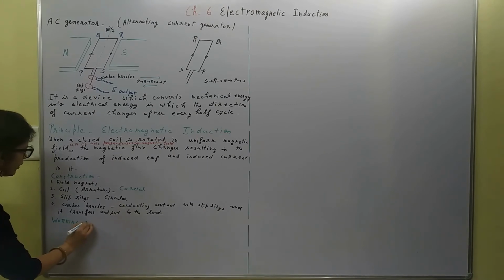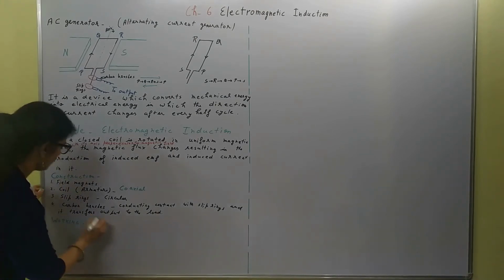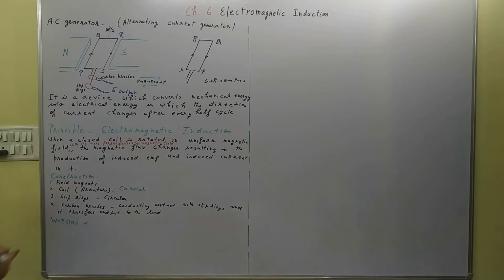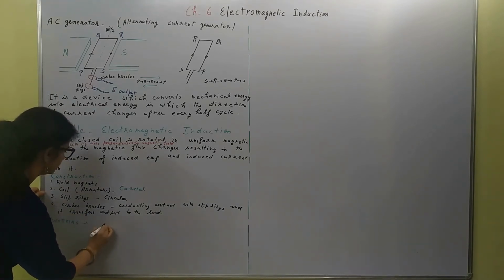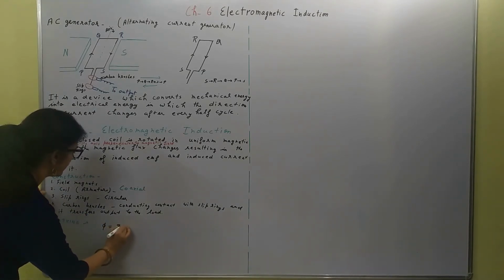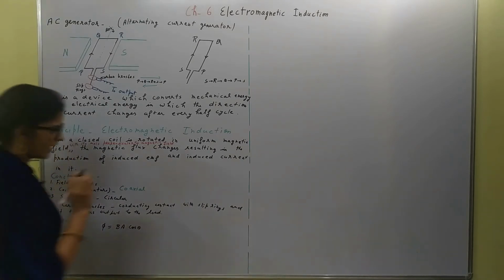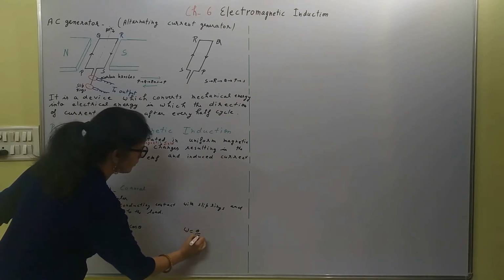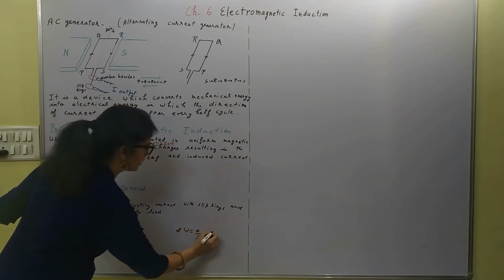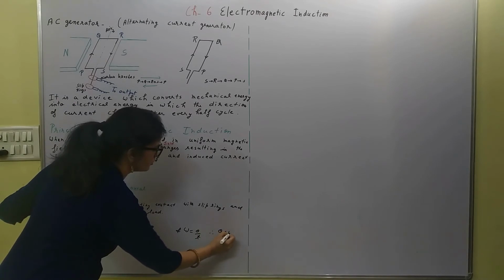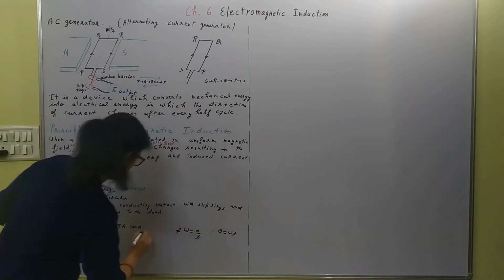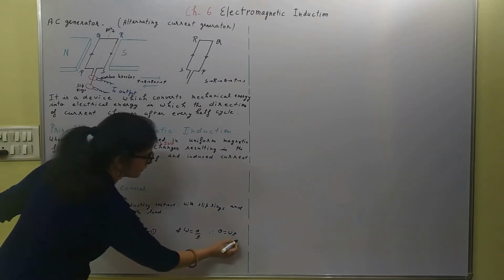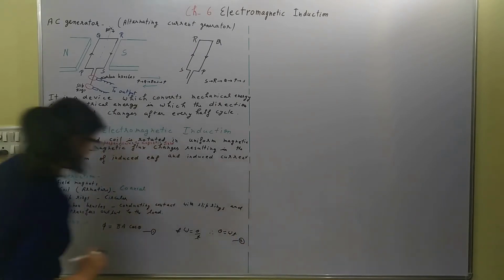So what is the formula for the magnetic flux, beta? Flux is BA cos theta, and we know that omega is theta upon t. Therefore, theta is equal to omega t. Let's mark this as first equation, this as second equation, right?